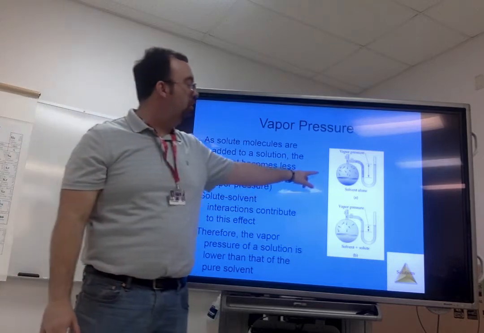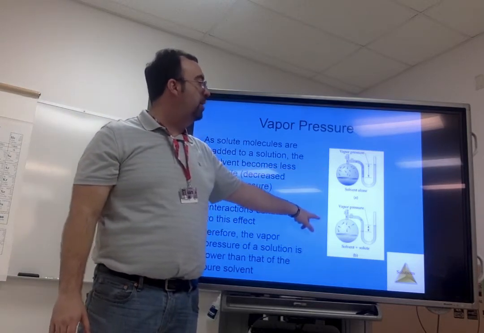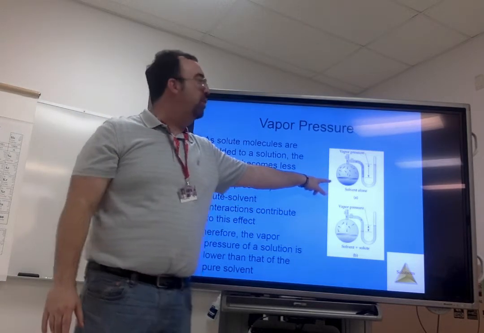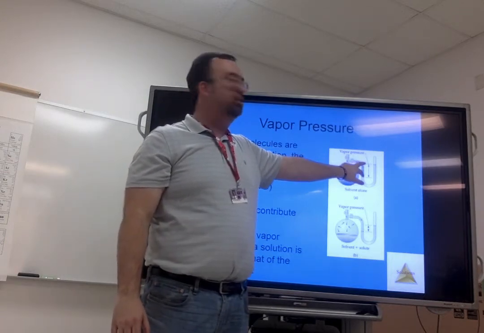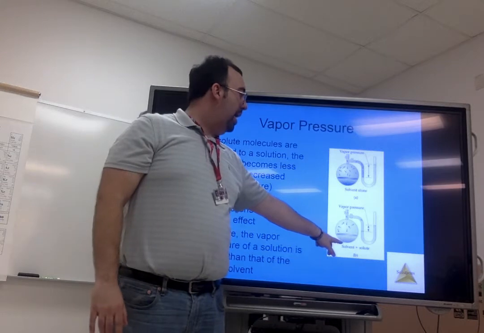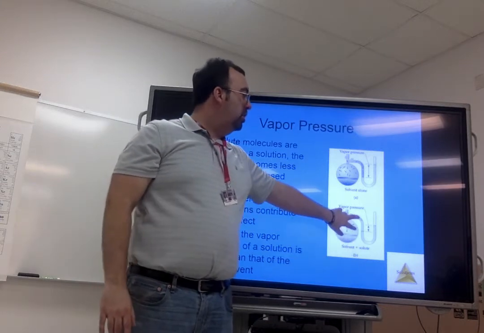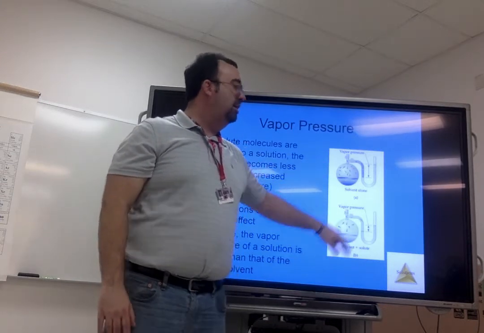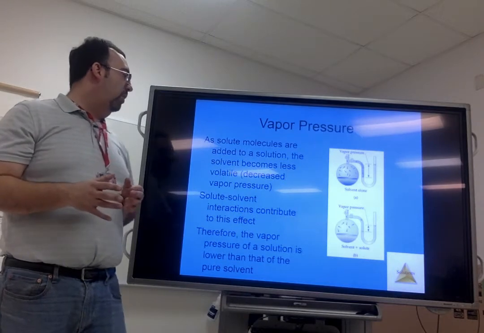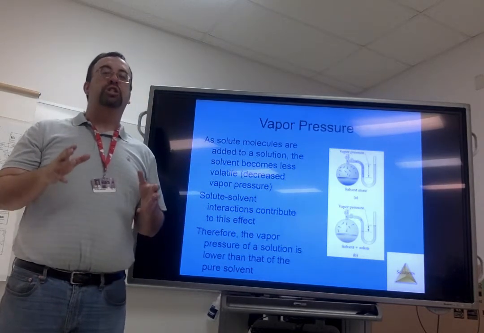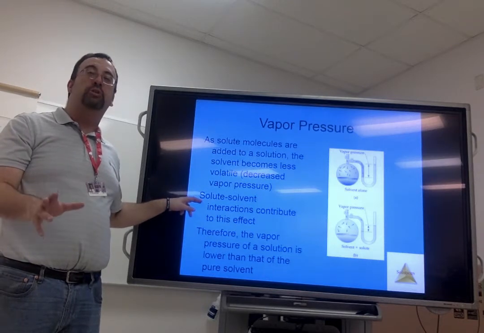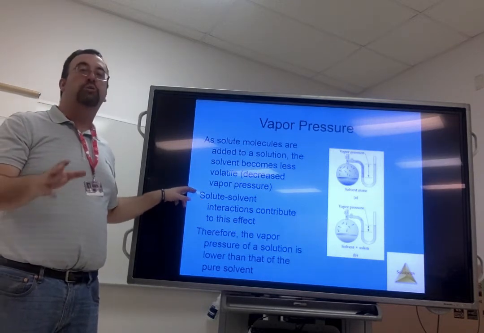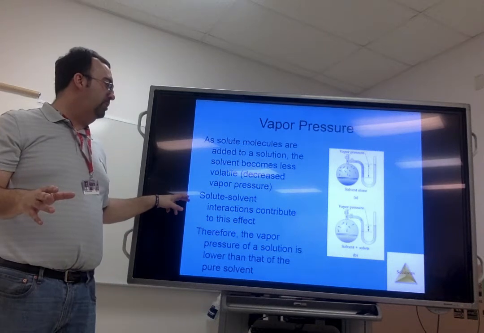The picture over here is showing you, if you have just the solvent alone, this will be the vapor pressure in this measurement. If, however, you add a solute to this, you'll see that the vapor pressure does in fact get lower. The reason that it gets smaller is because you have more things interacting within the solution. So solute-solvent interactions contribute to this effect.